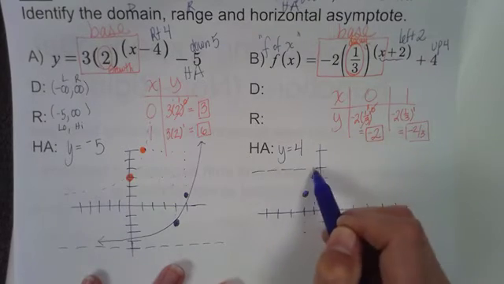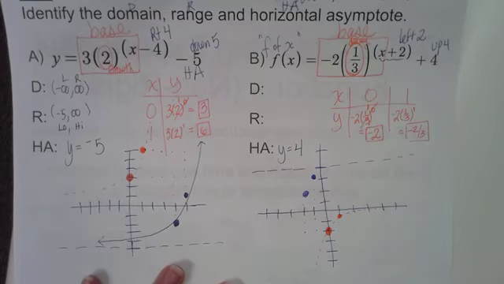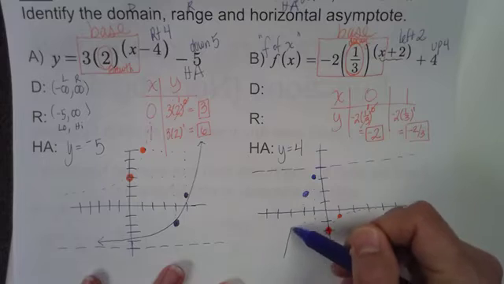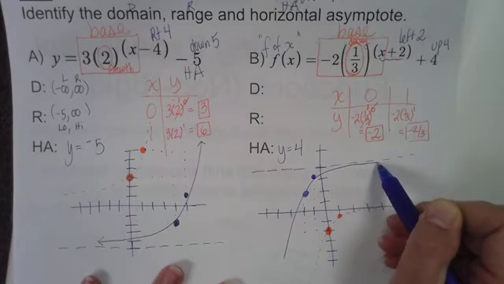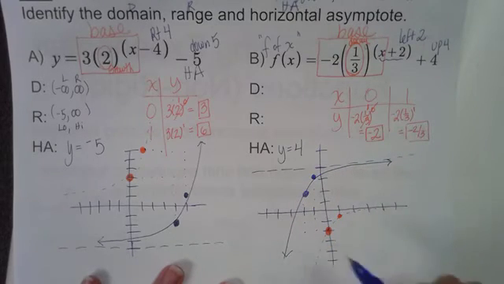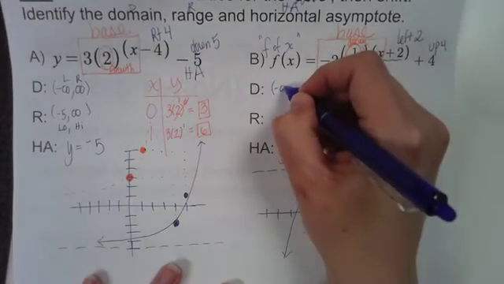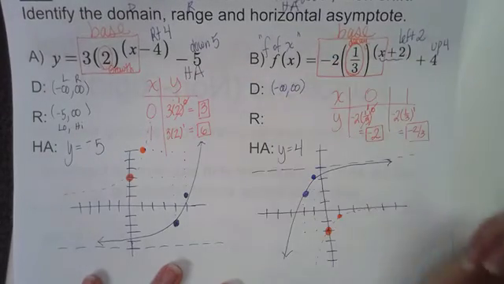Got my horizontal asymptote at 4. And I'm going to decay towards that asymptote. All right, domain. How far left and how far right does this graph go? Negative to positive infinity. Good.